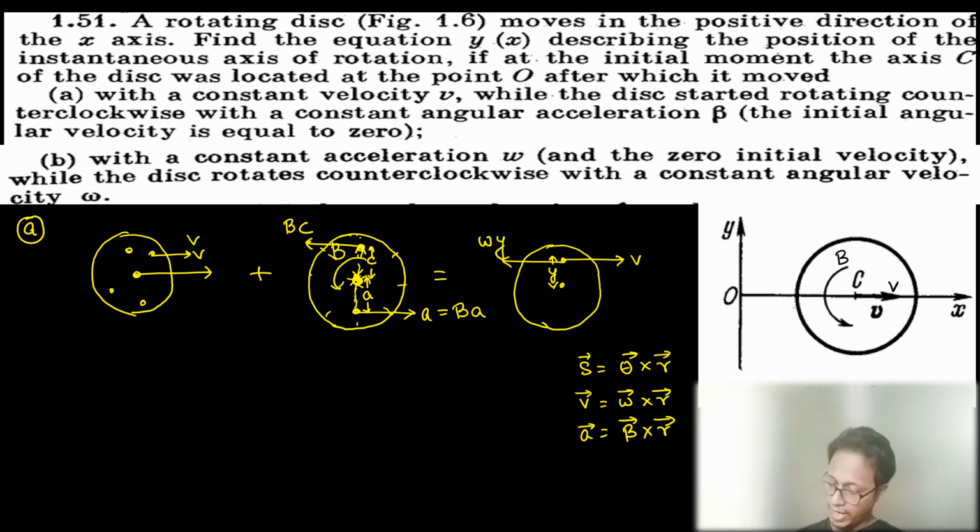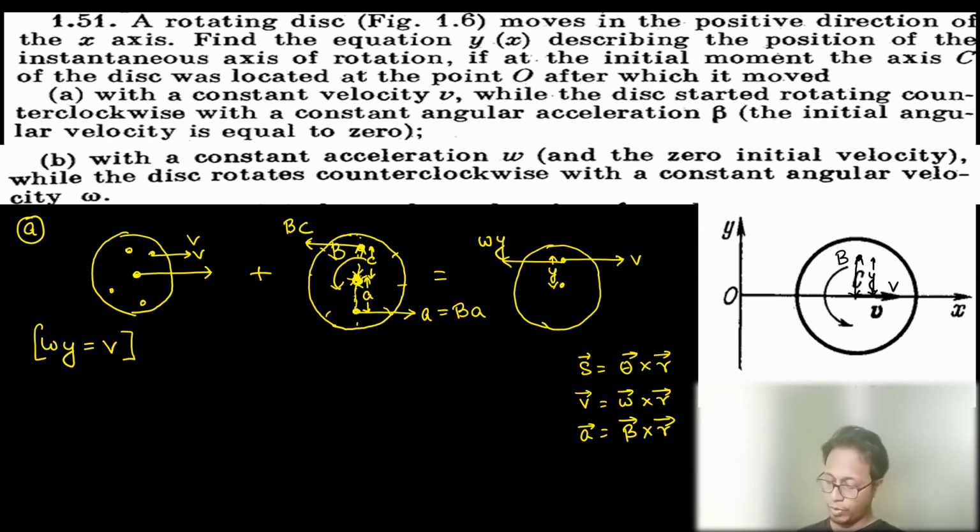Find this point which is y from the center such that the effective velocity is equal to 0. When is the effective velocity equal to 0? When the value of omega y cancels out the value of velocity v. Understood this much concept?